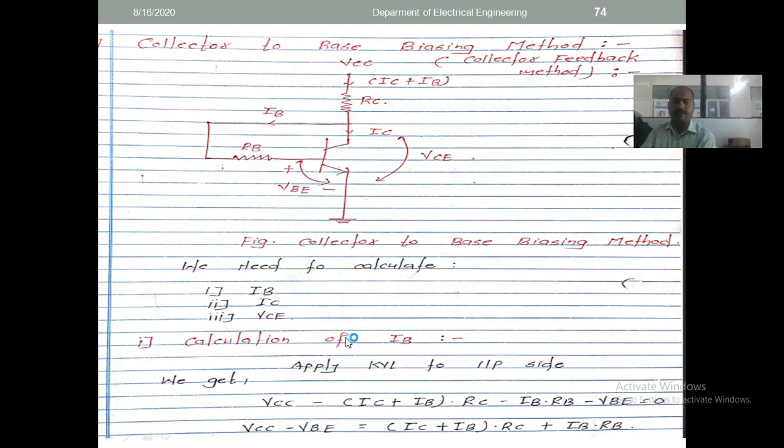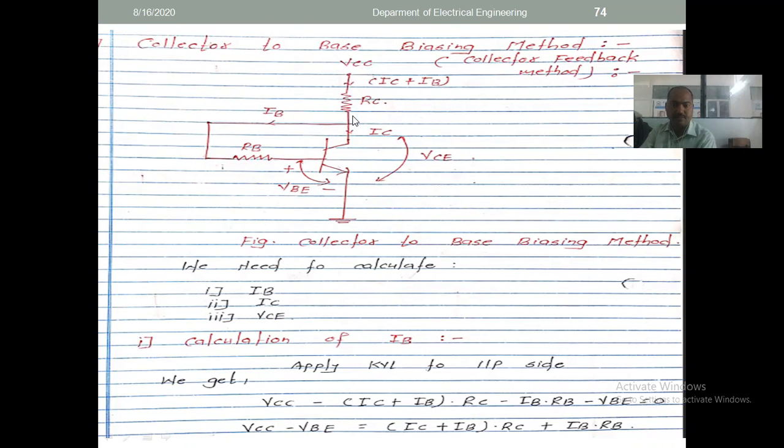So when we calculate the base current, we apply KVL at the input side. This is the input side. Start from here, travel to this, and go towards here. So it is plus VCC, here plus minus, so here the minus term: plus VCC minus of (IC plus IB) into RC. Why minus?